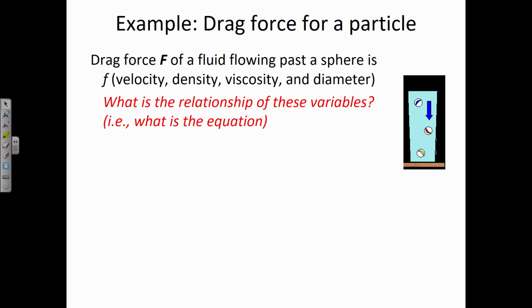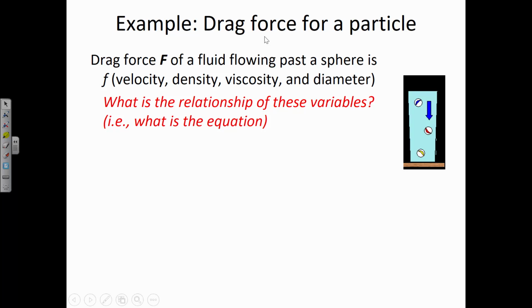Like if we wanted to predict the force of drag that a sphere experiences as it settles downward through the fluid, just through observation over time, we observed that if the fluid viscosity was high, the sphere would settle slower. You know, like a marble is going to fall down through water a lot more easily than it's going to fall downward through glycerin, because glycerin has a higher viscosity.